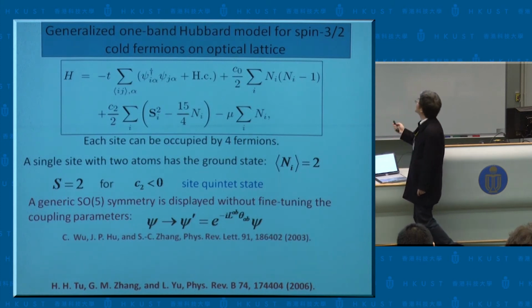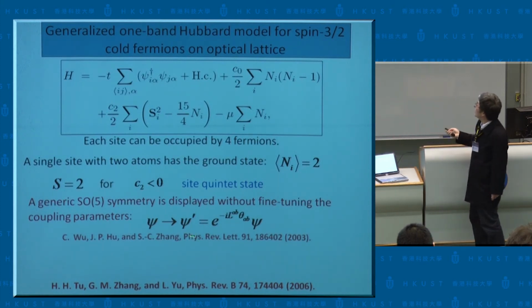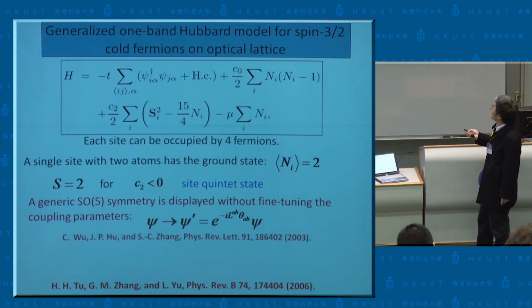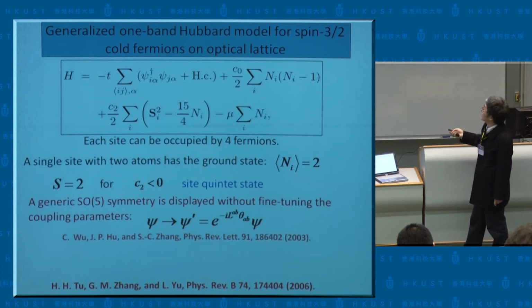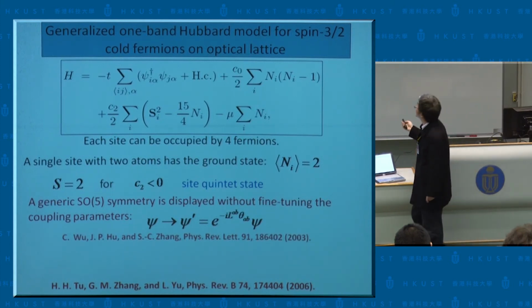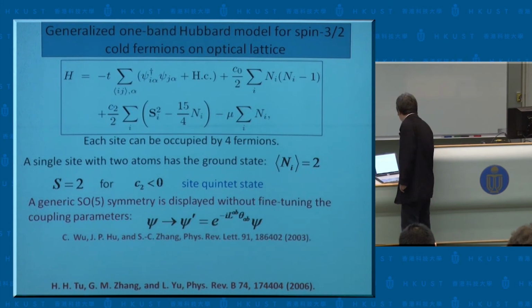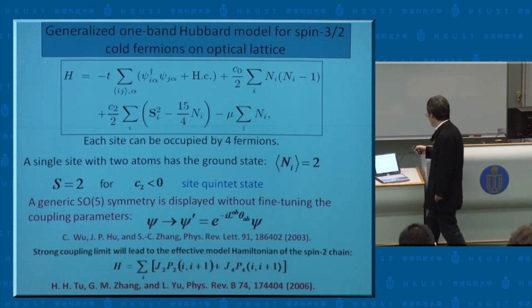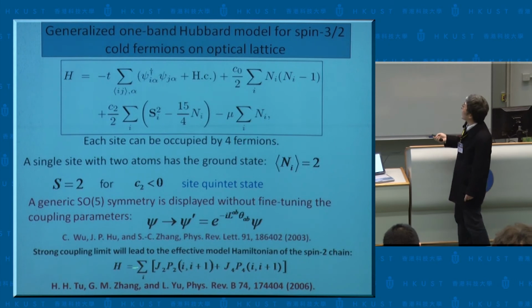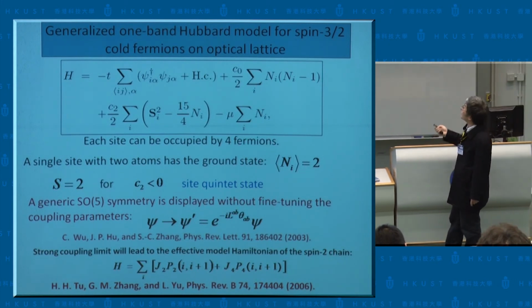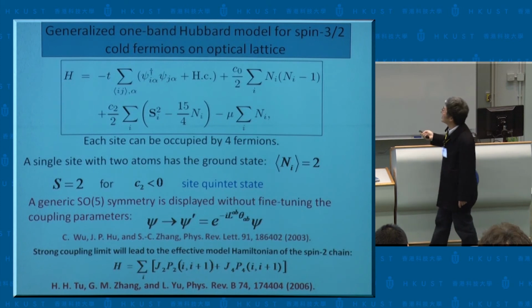This point was also pointed out earlier by Congjun Wu and Shoucheng Zhang's group. We also argue that in the strong coupling limit, you can do a canonical transformation, and an effective model Hamiltonian for a spin 2 chain can be derived.